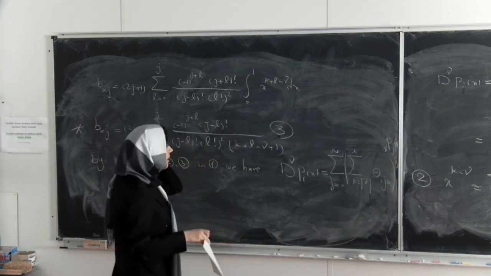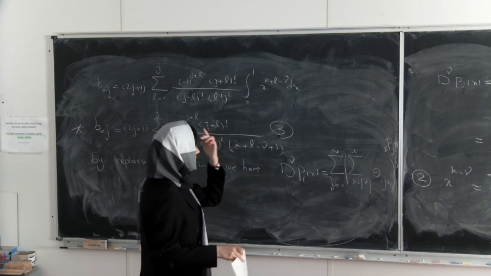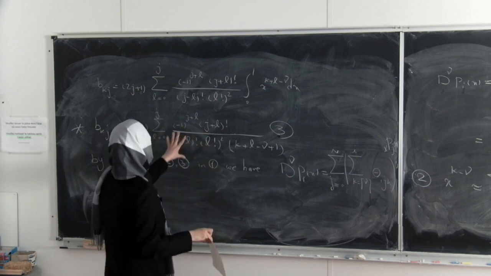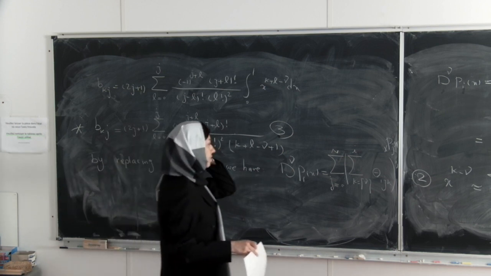Theta i, j, k can be obtained by substituting 2 and 3 in 1.